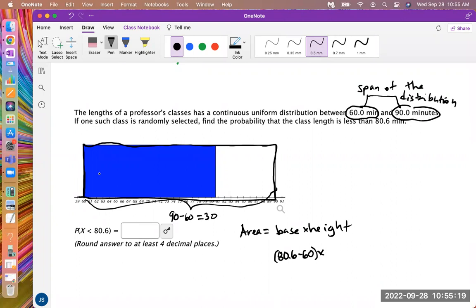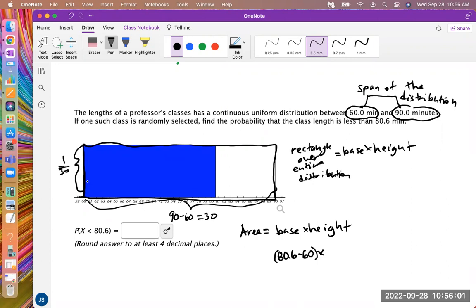And then the height then has to just be 1 over 30. This is the rectangle spanning the whole distribution. And remember, it has to have an area of 1.